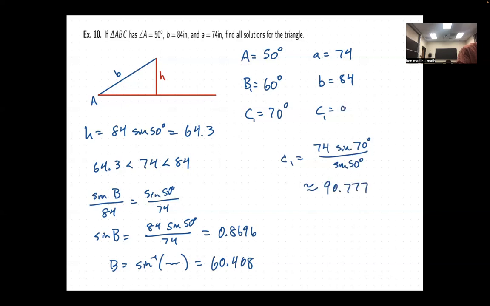So I will round that as 90.8. What are our units? Inches.